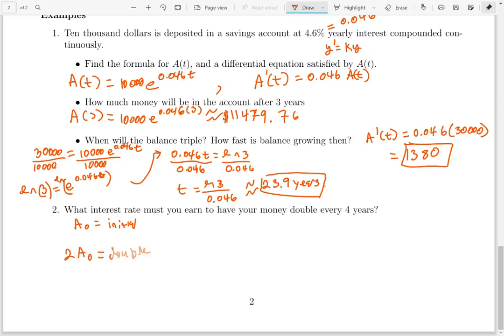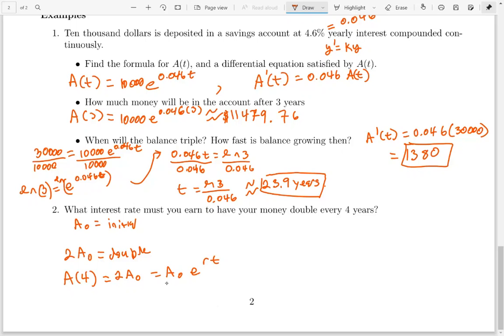We want the amount in 4 years to equal 2 times A naught. I can use the general equation, which is the initial amount times e to the rate, which we're trying to find, times time.